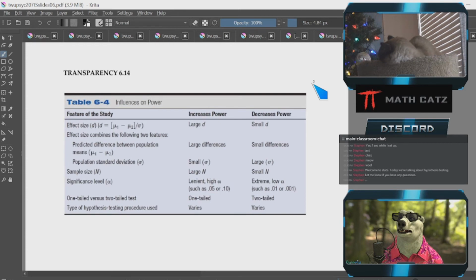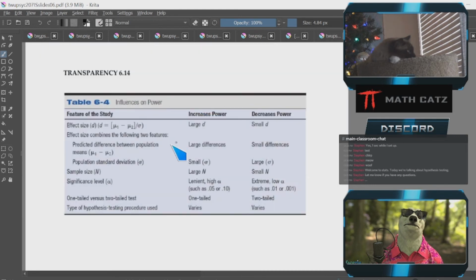The effect size is just a standardized version of that. Of course, a large difference, a large effect size, will imply that the top distribution shifted much further. We talked about the variance or standard deviation. If that's small, then we create this picture over here, which will make it much more likely to reject the null hypothesis correctly.